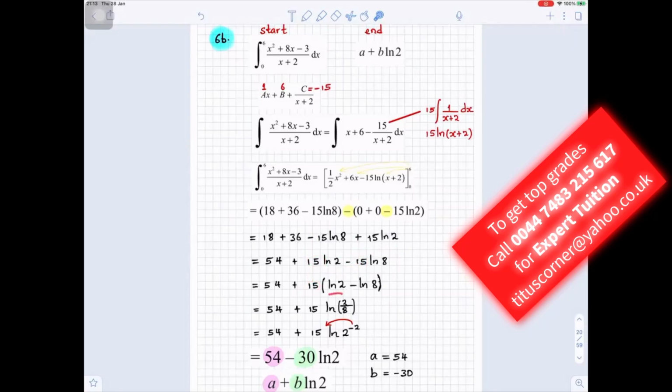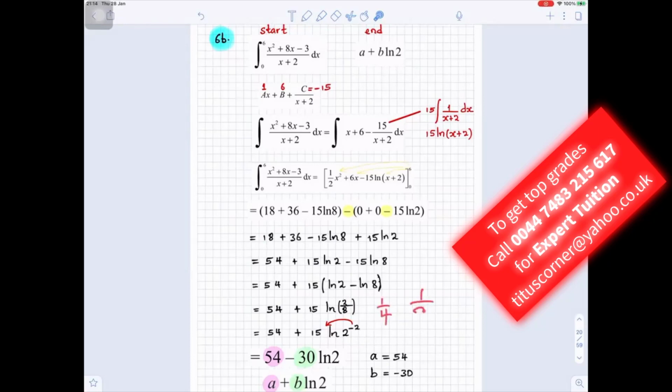So you get ln 2 minus ln 8. When you subtract logs, you divide them, so it becomes ln of 2 divided by 8, and 2 divided by 8 is 1 over 4.